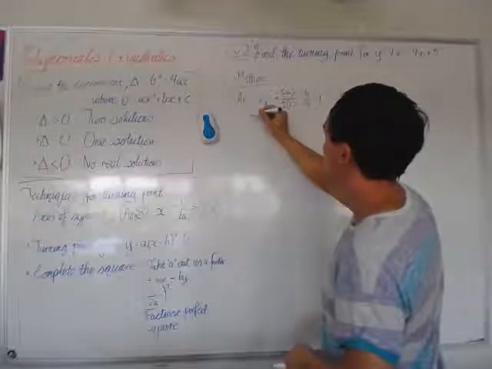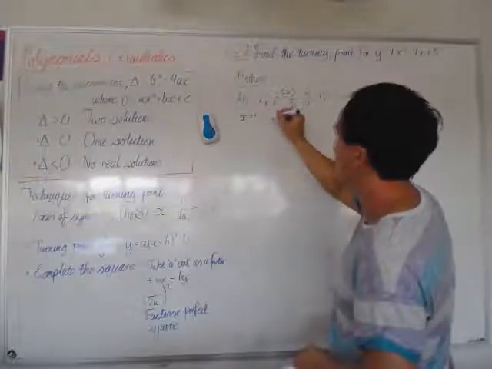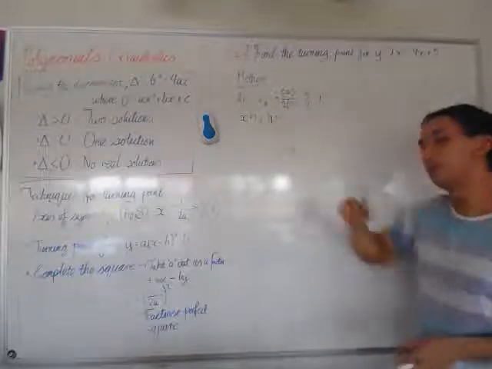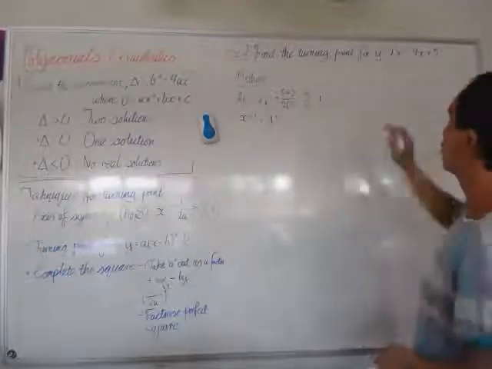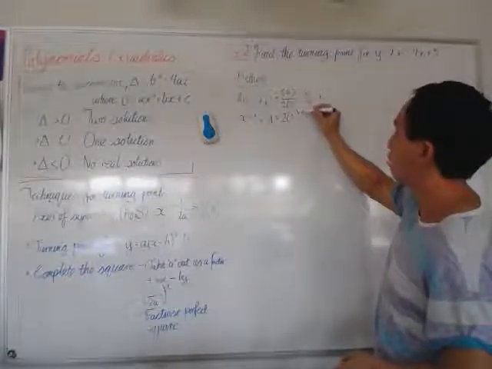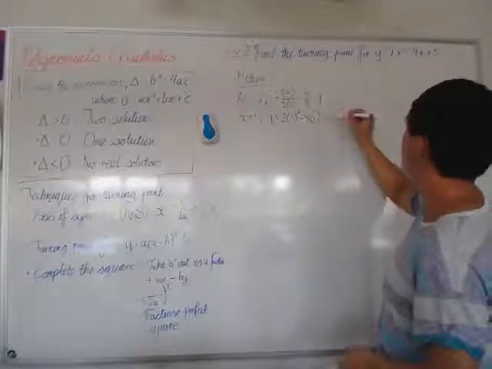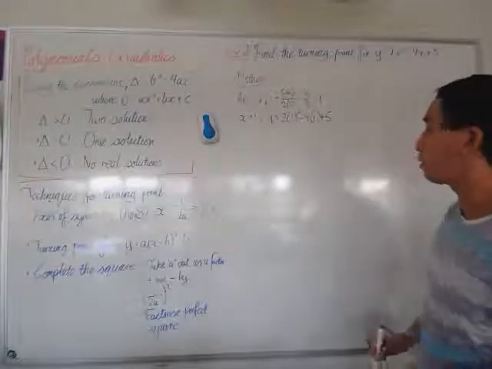Okay, so we're going to sub it into our rule so we can find out what y is equal to as well. When x is equal to 1, we have 2 times 1 squared minus 4 times 1 plus 5.